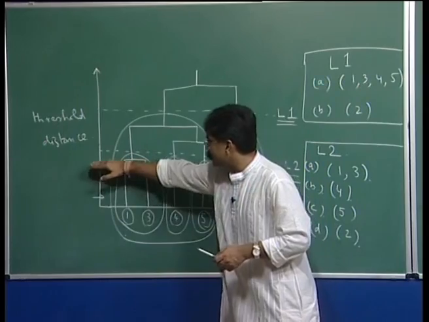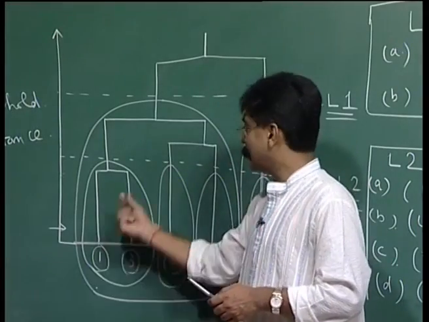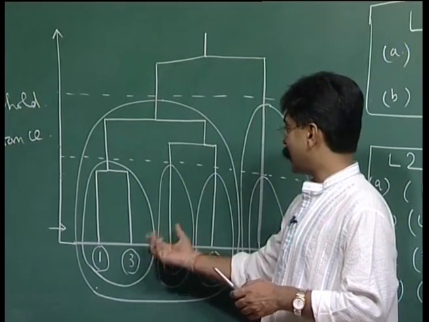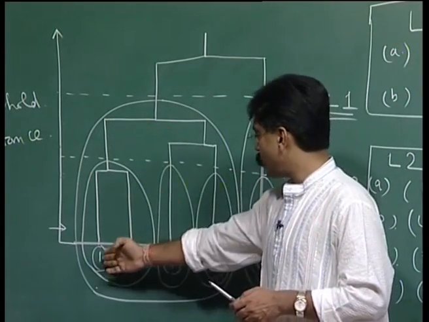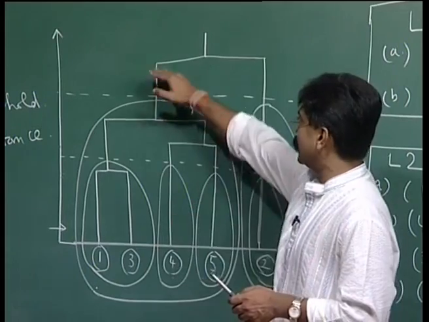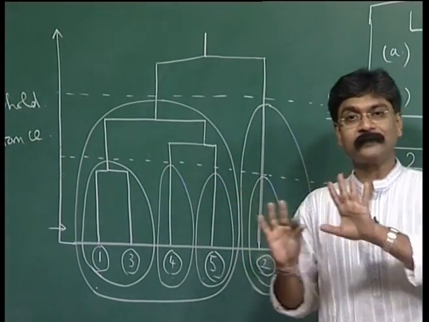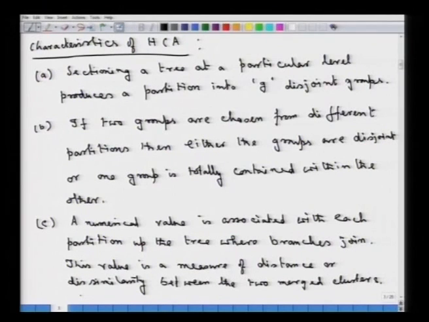So at a much lower distance these 2 cases are joined, at a bit higher distance these 2 cases 4 and 5 are joined, at even higher distance 1, 3, 4, 5 are joined, and at such a distance all the cases are joined together to form one single cluster. That is what is written in this C point here, that a numerical value is associated with each partition up the tree where branches join. This value is the measure of the distance or the dissimilarity between the 2 merged clusters.